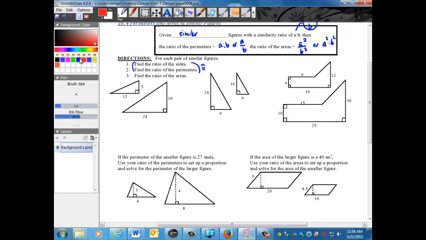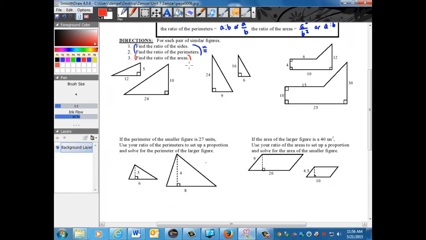The one that will be different is the area ratio, and we'll find out why we use that in the word problems down below. Okay, and so again, this is going to be our a squared over b squared for the area, and the side and perimeter is going to be a to b, or a over b.